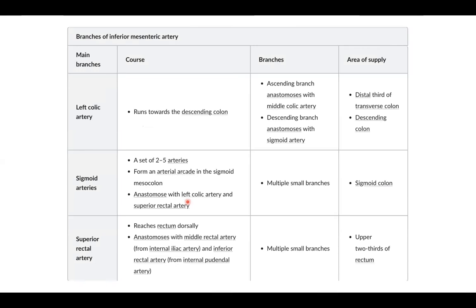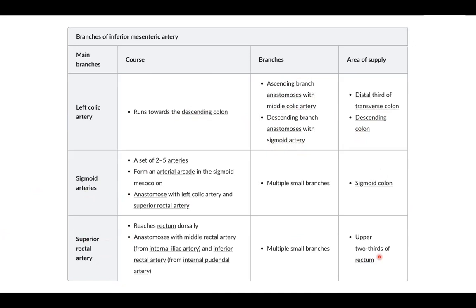The left colic artery runs towards the descending colon, and then it anastomoses with the middle colic artery, and that's where the ascending branch is, and then the descending branch anastomoses with the sigmoid artery right over here. And where does it supply? The transverse colon and the descending colon. Then we have the sigmoid arteries, which supply the sigmoid colon. And then we have the superior rectal arteries, which supply the upper two thirds of the rectum.